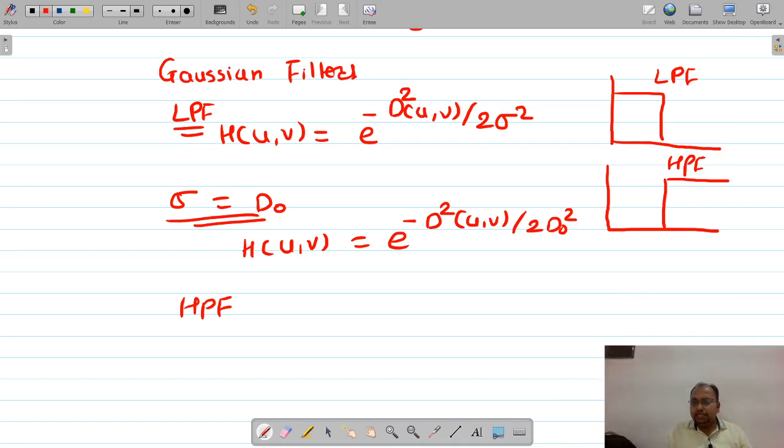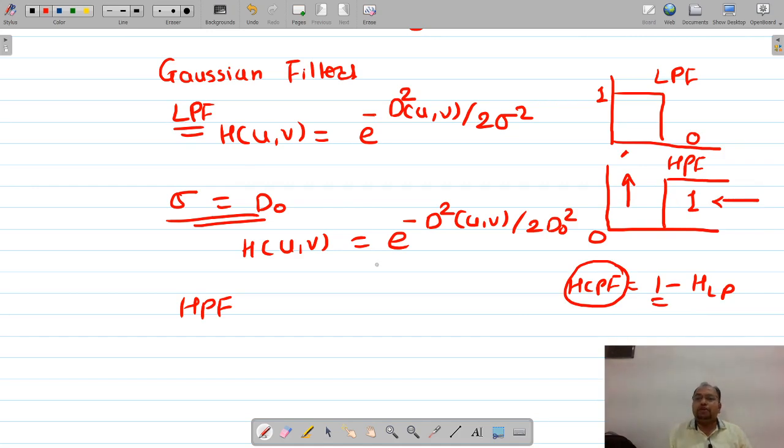The high pass filter can be represented as 1 minus the low pass filter. If I subtract the low pass filter from 1, can I get the high pass frequency response?